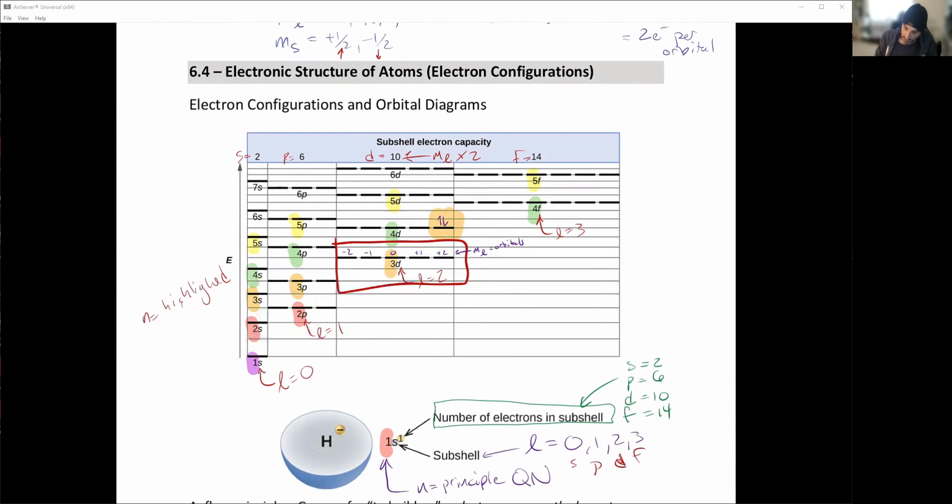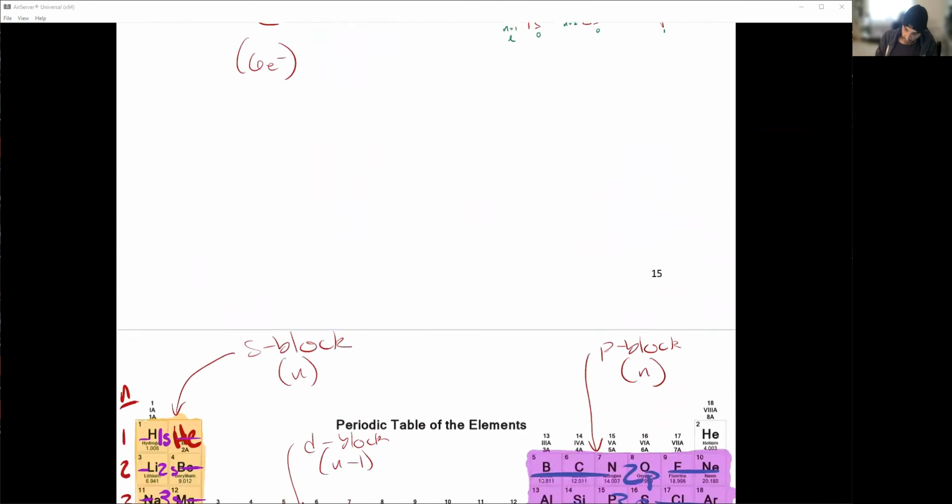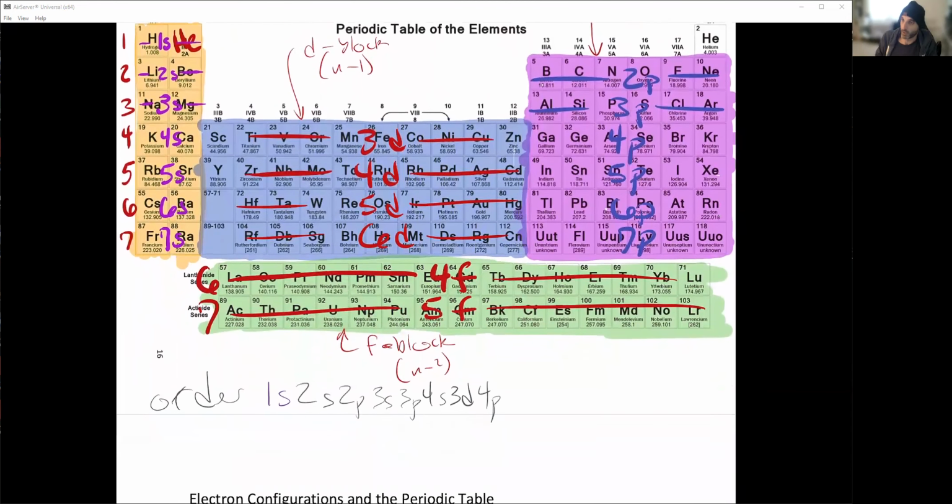So we are seeing the 3D filling before the 4p. And all we have to do is recognize that if we understand how the periodic table works, we never have to memorize that. It just falls out. So what fills after the 3D, 4p, then the 4p, we finish the line. So 5s, 4d, 5p. What fills after the 5p?